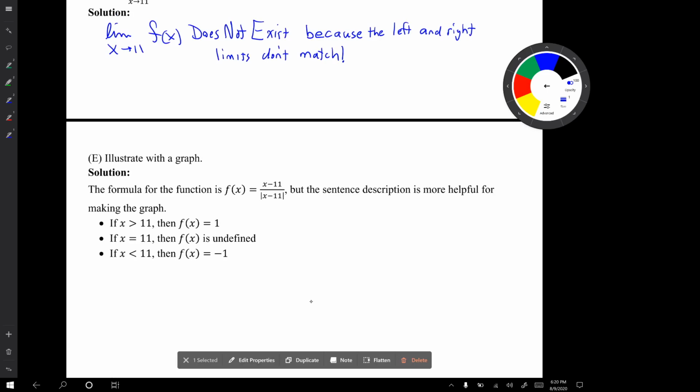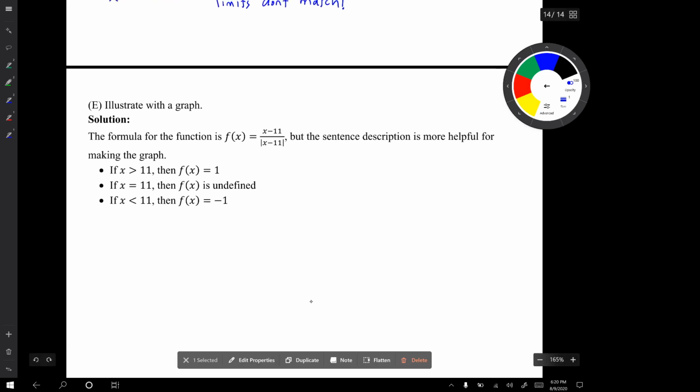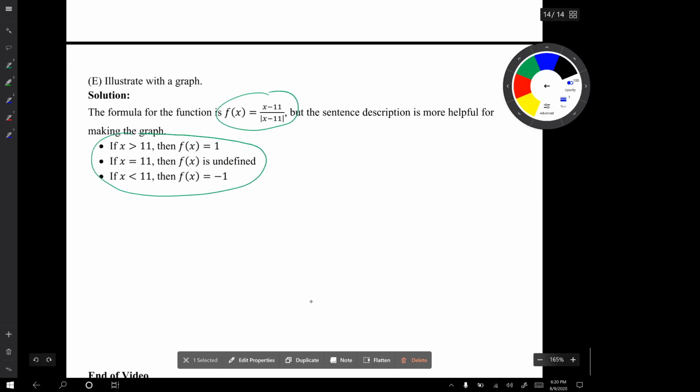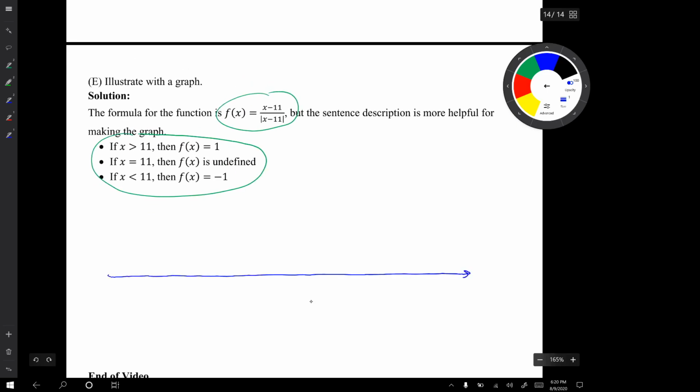Now remember that the formula for the function is concisely written this way, but a sentence description is often more helpful. So here is the sentence description of how the graph has to behave. Well, we can make a graph that looks like that very simply. First, we draw the axes, and then we notice that an important x value is x equals 11.